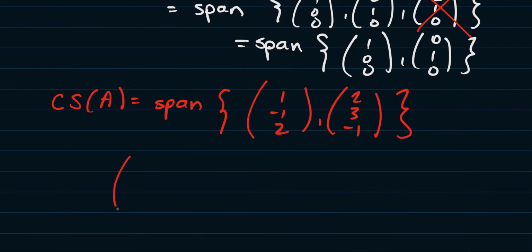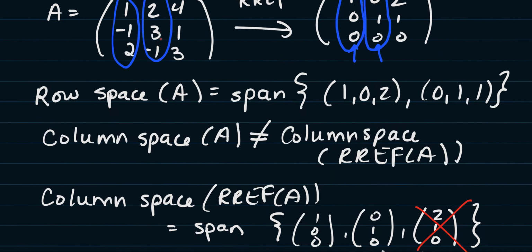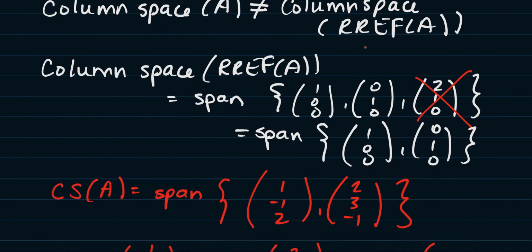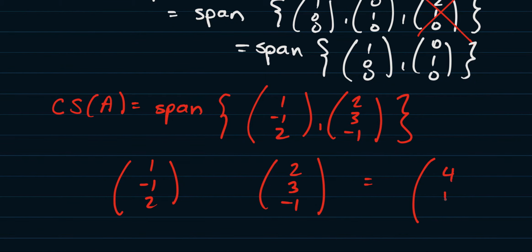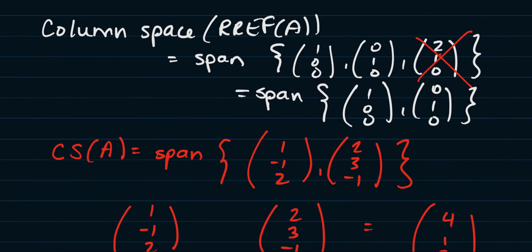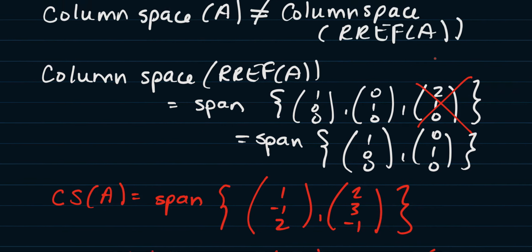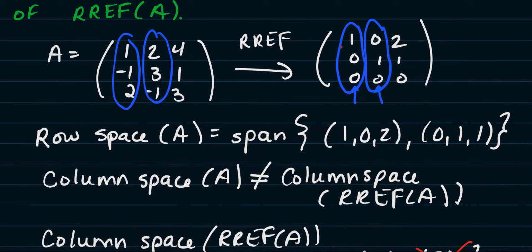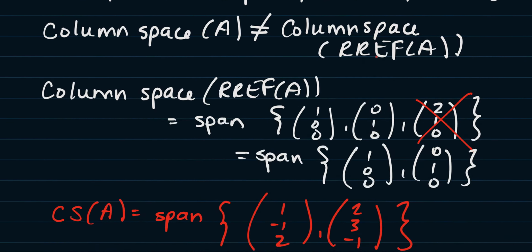So if I take 1, negative 1, 2, and 2, 3, negative 1, and I want to get the third column, which is 4, 1, 3. So I said that this 2, 1, 0, which was this third column here, is 2 times the first plus 1 times this one.